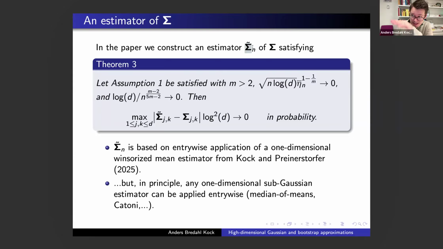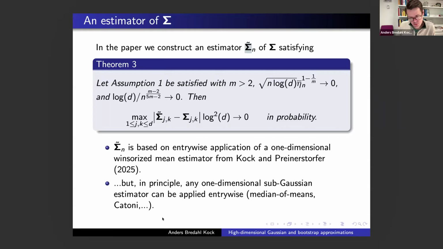Recall, even the sample averages in general don't have sub-Gaussian concentration unless you assume you're sampling from sub-Gaussian distributions. So that is quite nice about these Winsorized means. This then allows us to do simply a union bound to estimate sigma n tilde entry-wise.